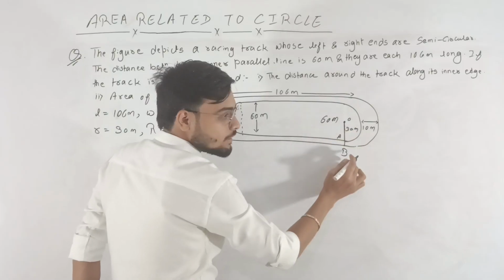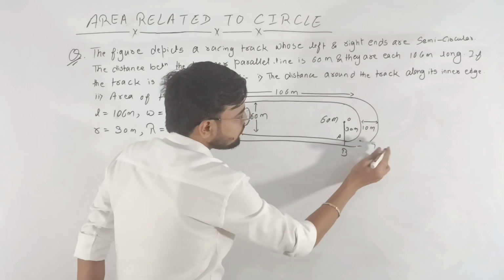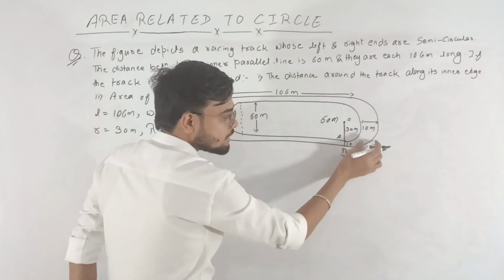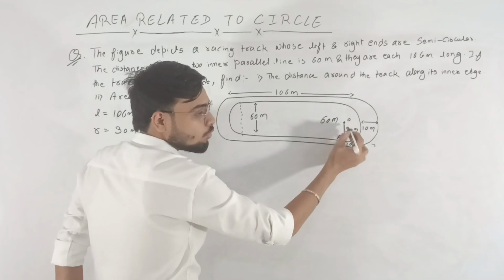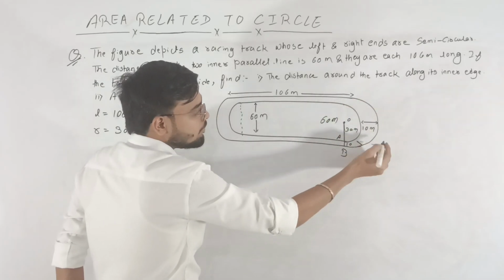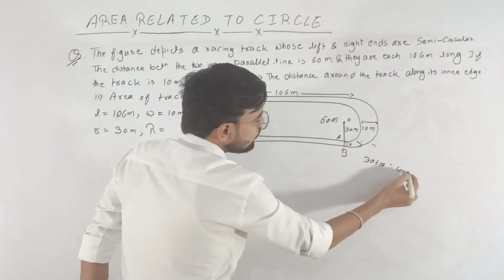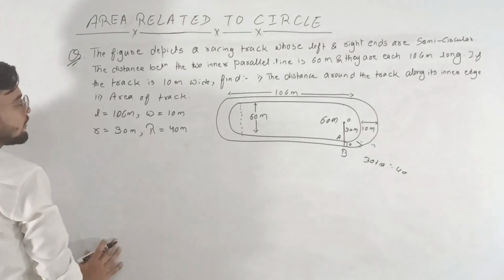Then OB is what? 40 meter. How? This is 30 and this is 10. OA is 30 and AB is 10, the thickness of the track. So finally OB, which is the radius of the larger outer semicircle, is 30 plus 10, which is 40. So R is 40 meter.